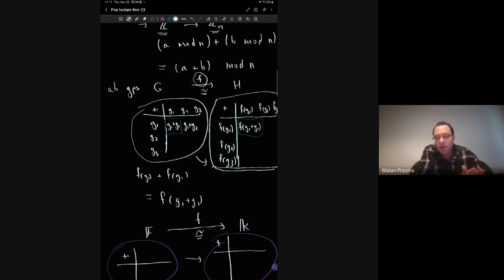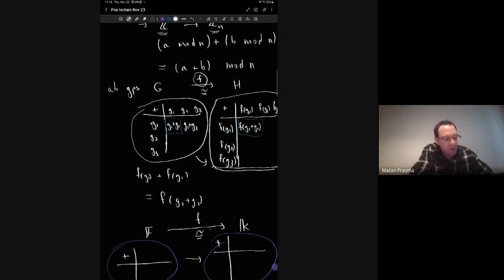I had 3 elements in G. I apply a bijective map. I get 3 distinct elements in H, which are exhaustive. I mean, they comprise a full list of the elements in H. In what order, I don't know, but it's a full list.